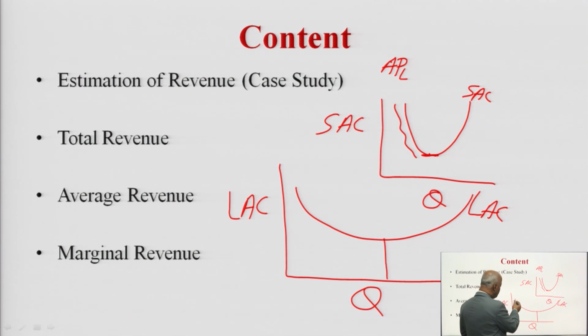For that, we have discussed that this decreasing portion of the long run average cost is mainly because of economies of scale, and there are real economies of scale and pecuniary economies of scale.